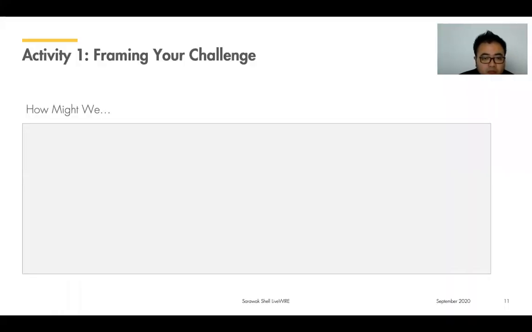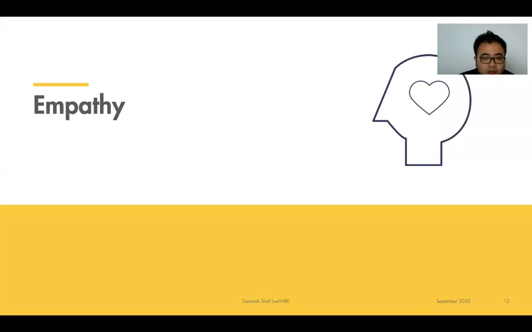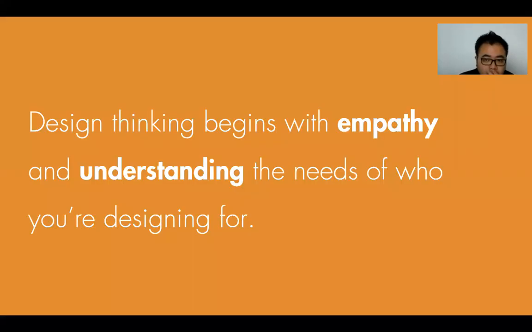Okay, let's move on. Next is the first step of design thinking, which is applying empathy. Empathy is very powerful, very important, very much appreciated, but not that common, unfortunately, right? So design thinking begins with empathy and understanding the needs of who you are designing for. So always start, once you frame the problem, by asking yourself, who is it that I'm really doing this for?